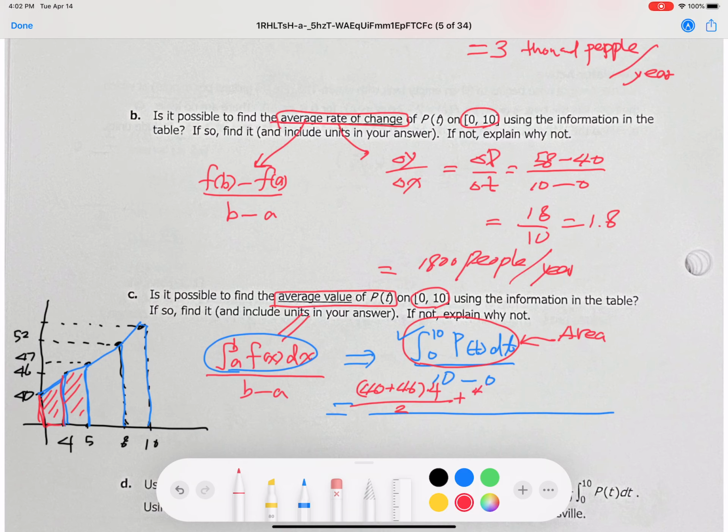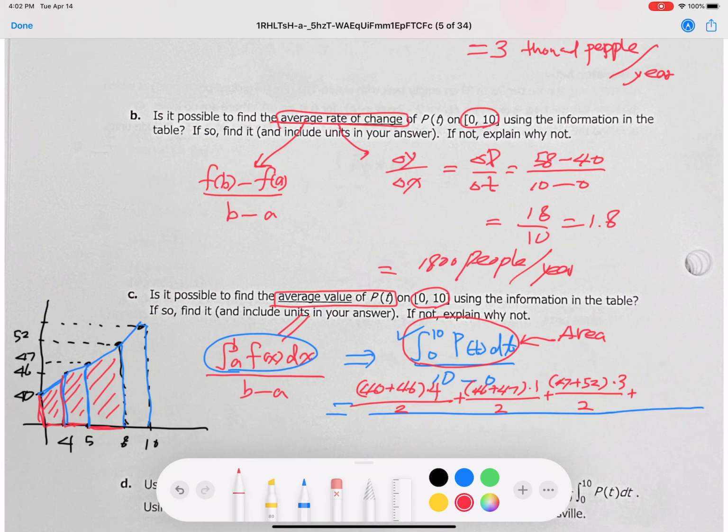So 46 plus 47 times the height, which is just 1, over 2. What about the third one? This one, right? 47 and 52 are base 1 and base 2, and the height is this length, 5 to 8, that's 3, times the height over 2.